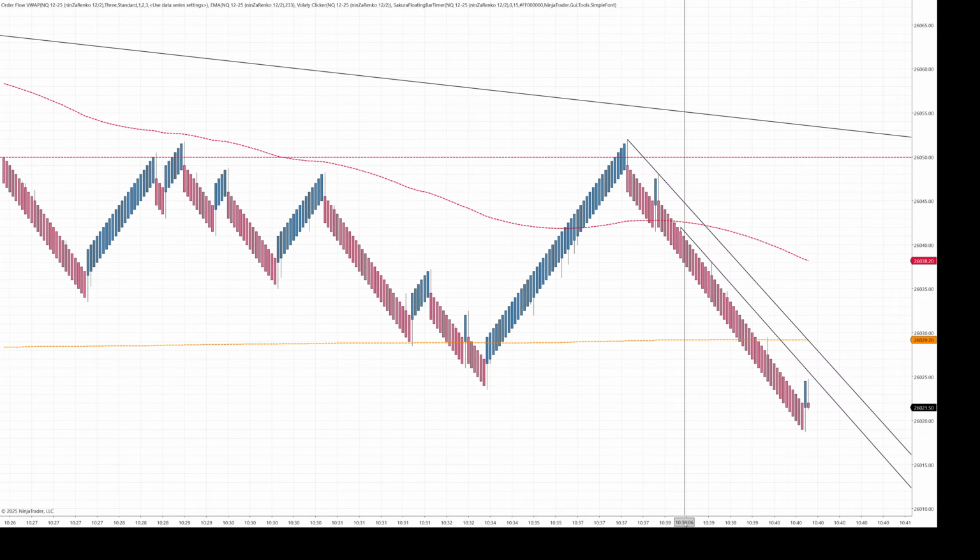Trying to see if there's other trend lines we could be drawing at this point. I have to zoom out. And there's this low here.